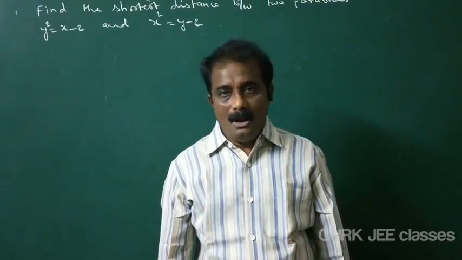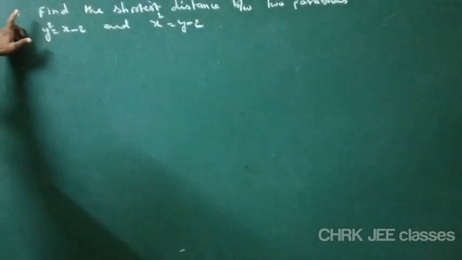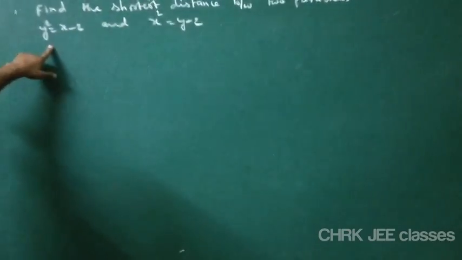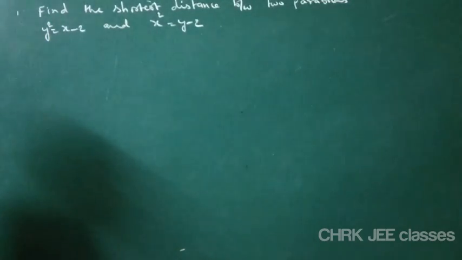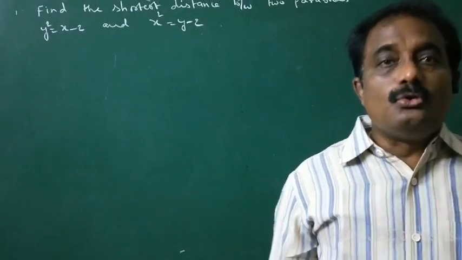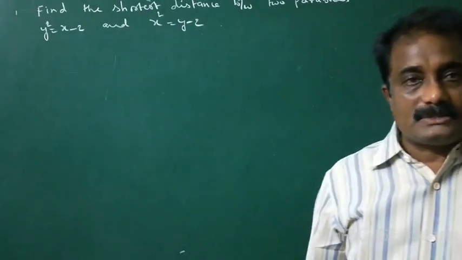Now listen. This is one example. Find the shortest distance between two parabolas y square equal to x minus 2 and x square equal to y minus 2. Now observe these two parabolas. The first parabola is y square equal to x minus 2.